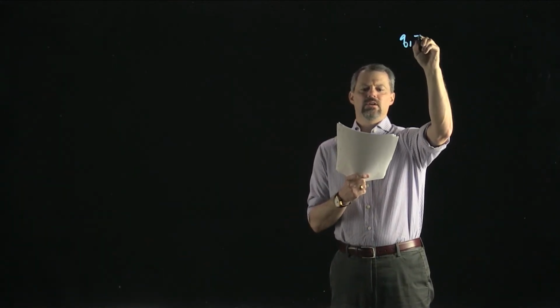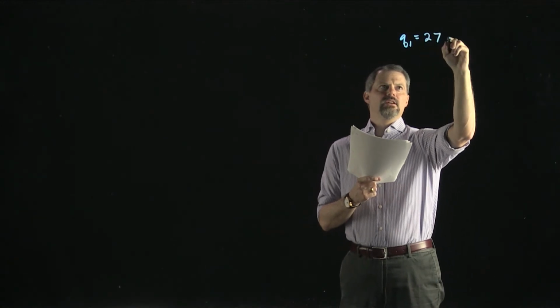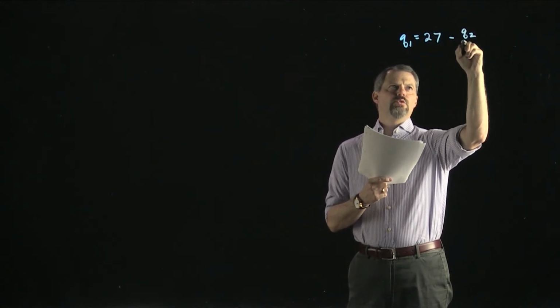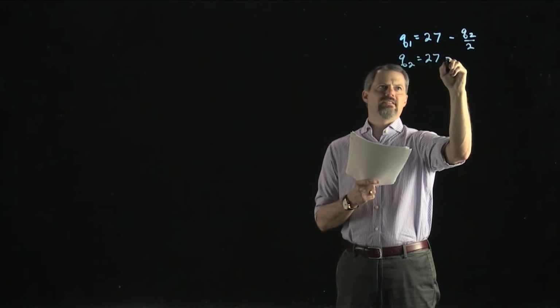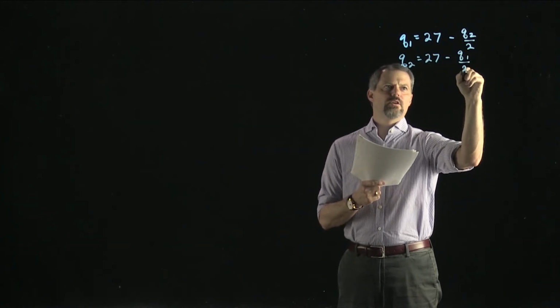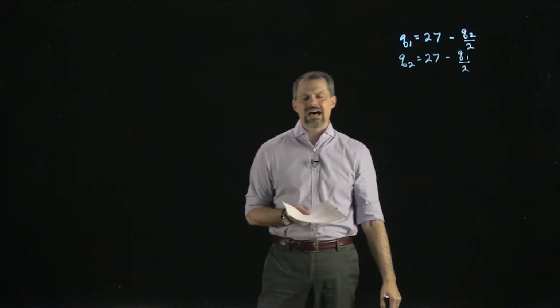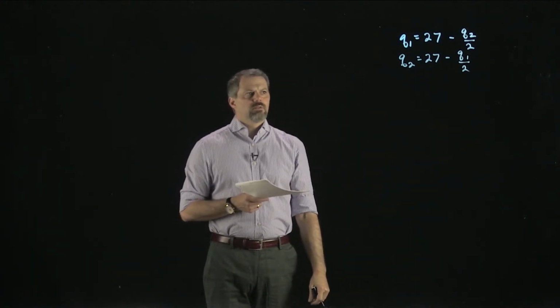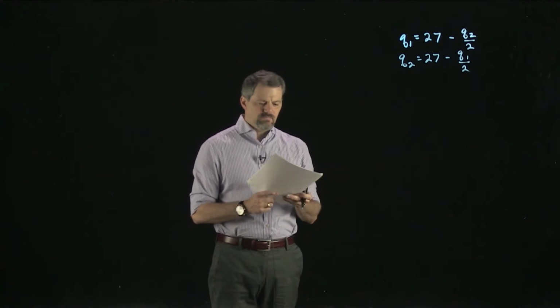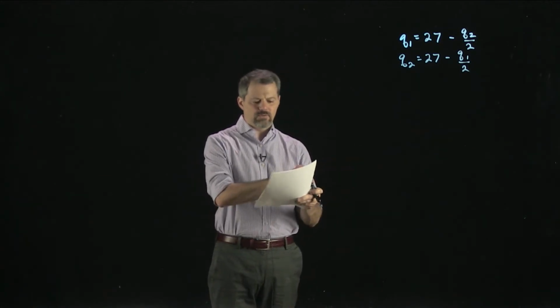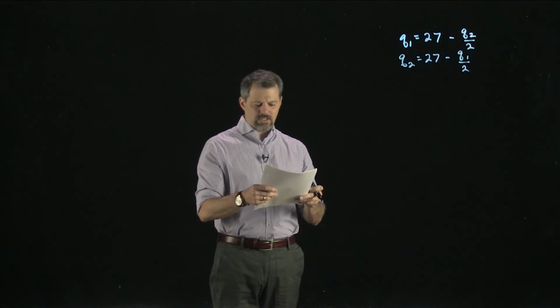Let's write our two response functions that we've got here. Q1 is equal to 27 minus Q2 over 2, and Q2 is equal to 27 minus Q1 over 2. Those are our reaction functions or best response functions. Two equations and two unknowns.